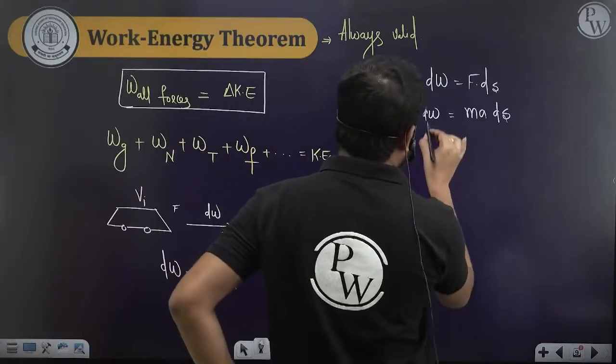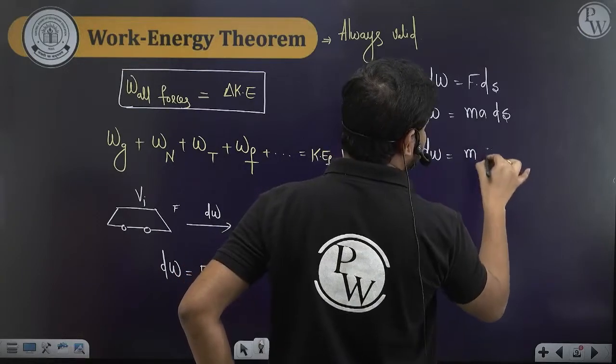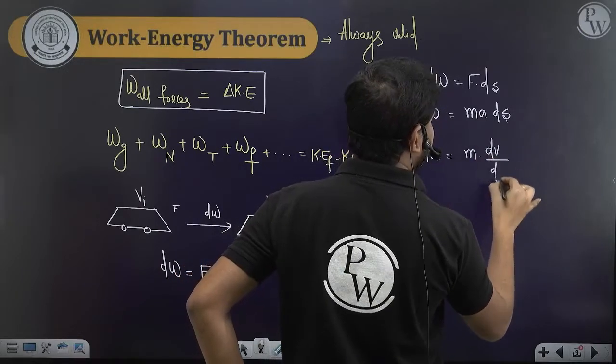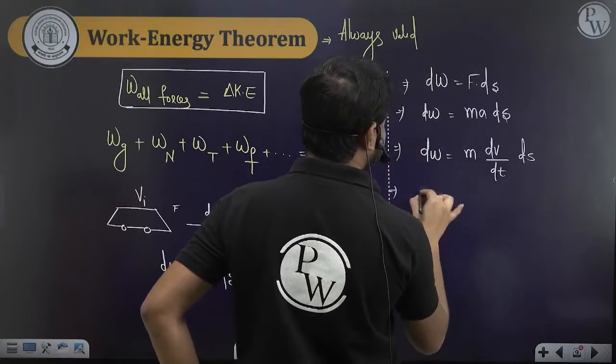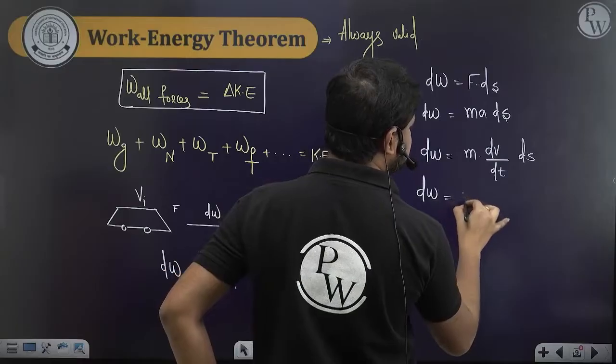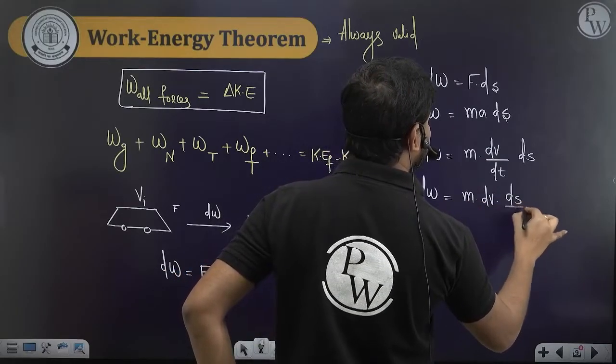Now I am writing dw is equal to m into, in place of acceleration, dv by dt, we can write, right? Into ds. Let me rearrange the terms here: dw is equal to m into dv into ds by dt.